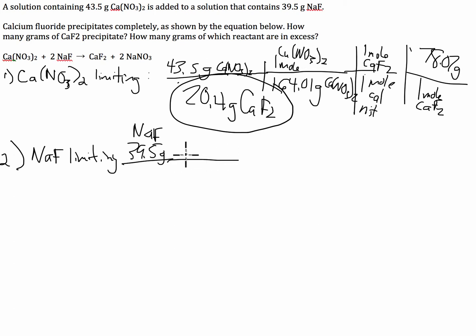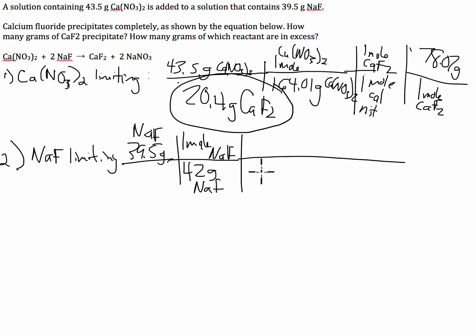And we know that there are 42 grams of sodium fluoride in 1 mole of sodium fluoride. Next, we need to use a molar ratio. So 2 moles of sodium fluoride are required to make 1 mole of calcium fluoride.